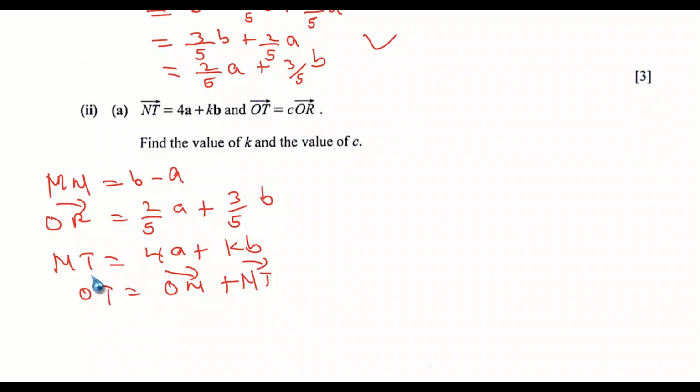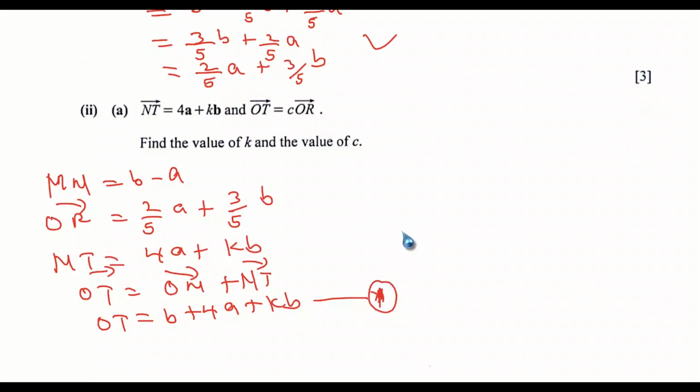So we can now key in the values so that OT will be equal to b plus 4a plus kb. Let's call this equation 1.